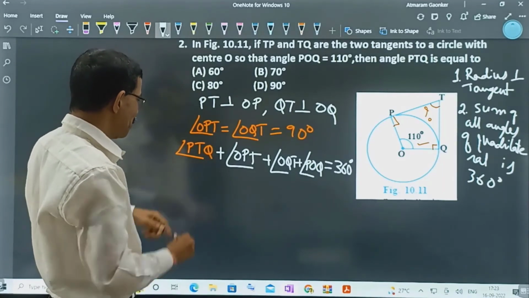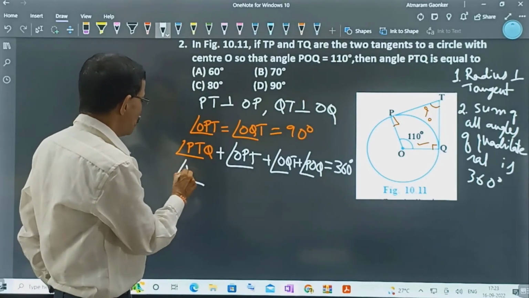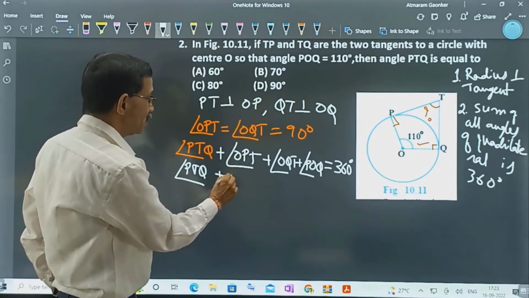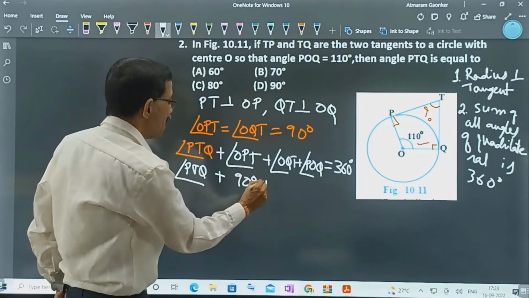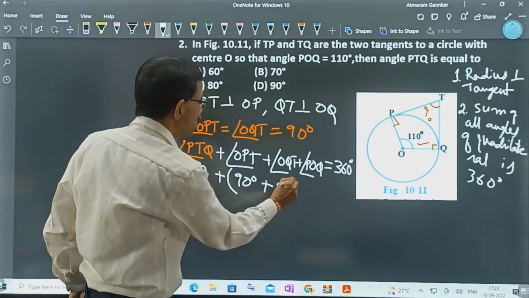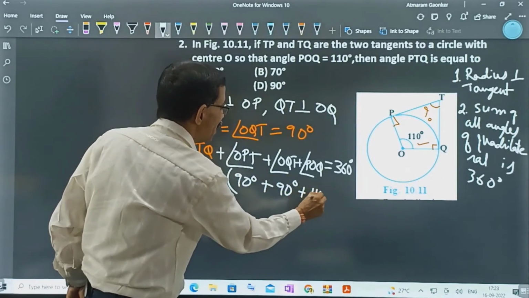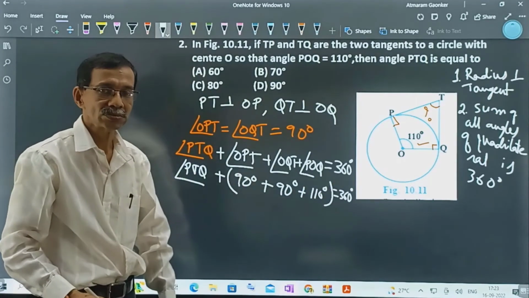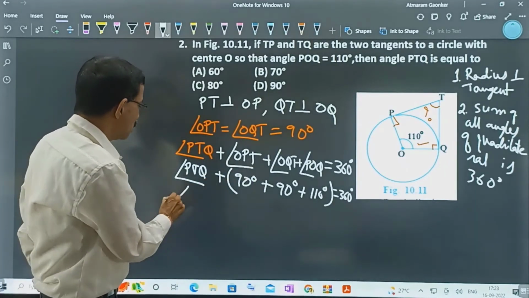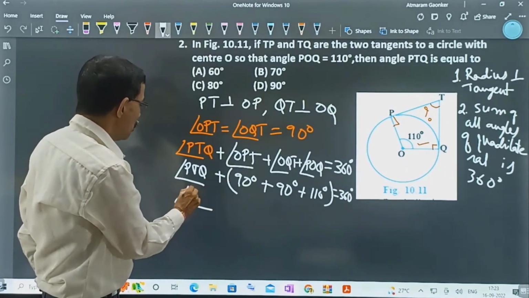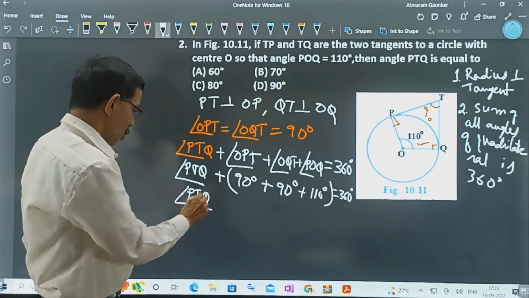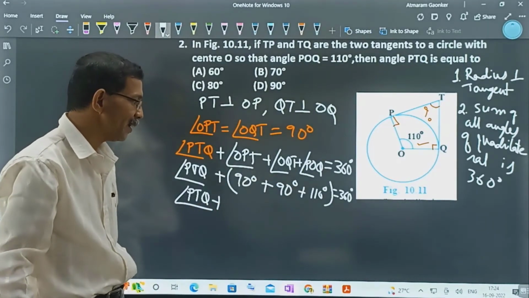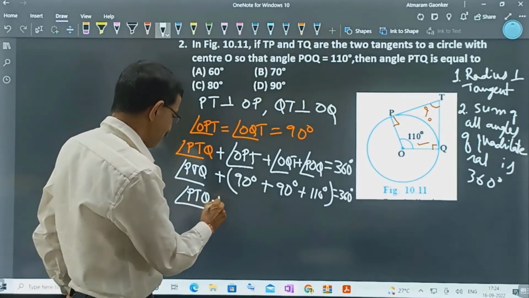Now out of this, PTQ is asked. So PTQ plus this first angle is 90 degrees, the second angle is 90 degrees, the third angle is 110 degrees. This is equal to 360 degrees. So let us add this. First I will write angle PTQ plus 90 plus 90, 180, 180 plus 110 works out to be 290.